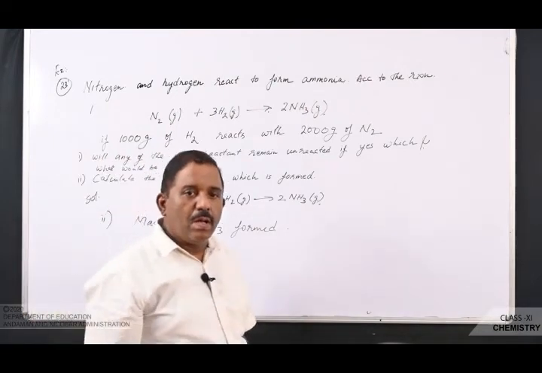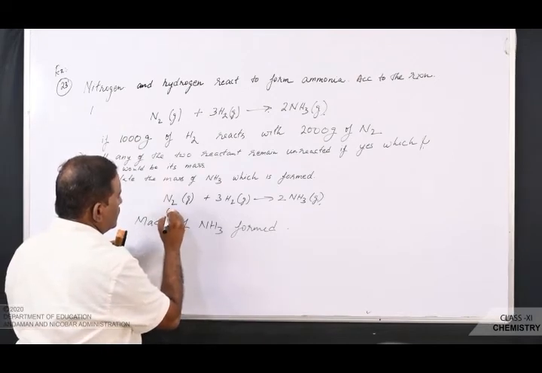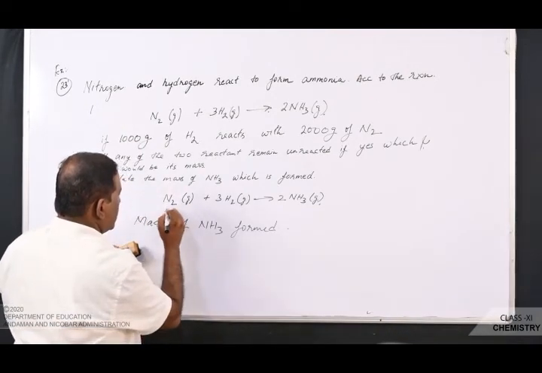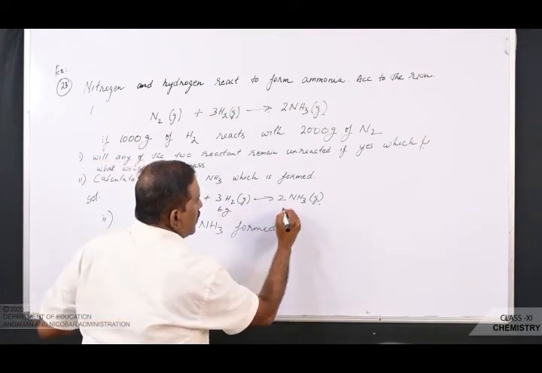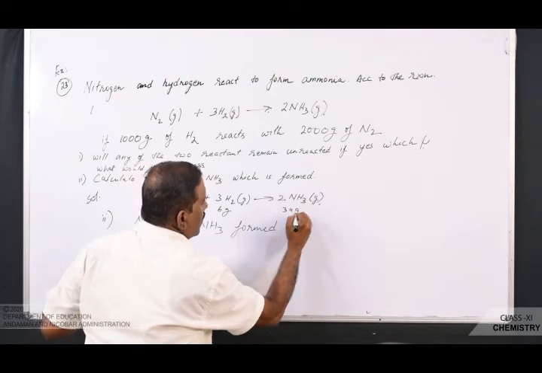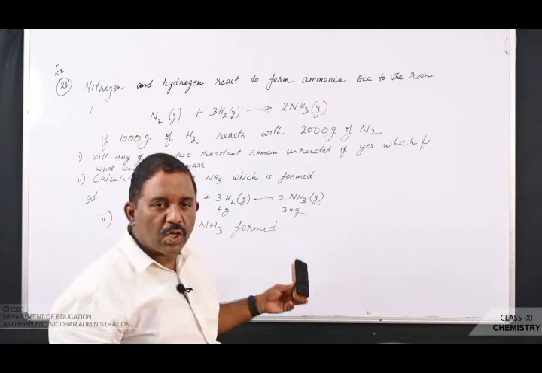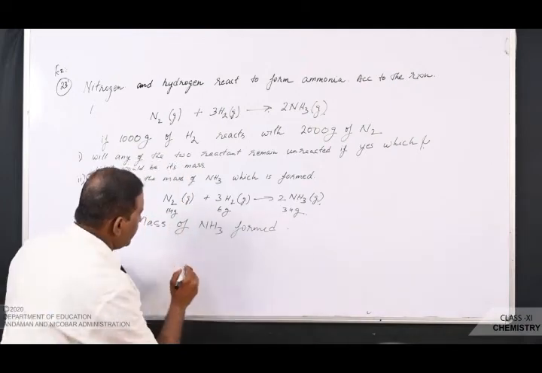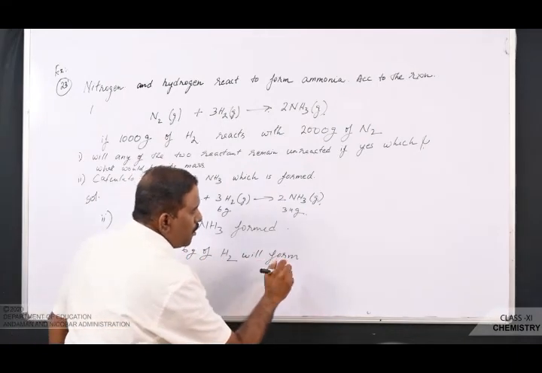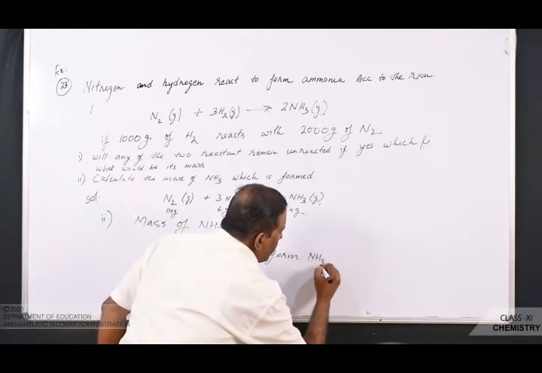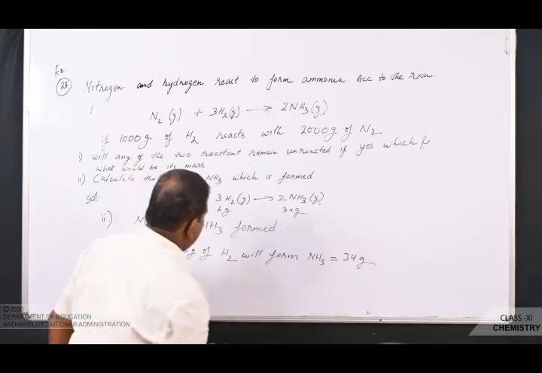From the equation, we know that 6 grams of H2 will form NH3 equal to 34 grams.